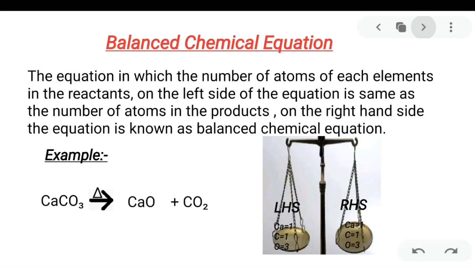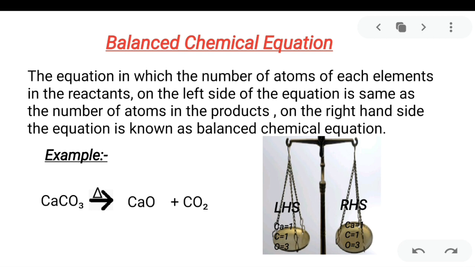Now, let us start. What is a balanced chemical equation? The equation in which the number of atoms of each element in the reactants, means on the left hand side of the equation, is same as the number of atoms in the product, means on the right hand side of the equation, is known as a balanced chemical equation.